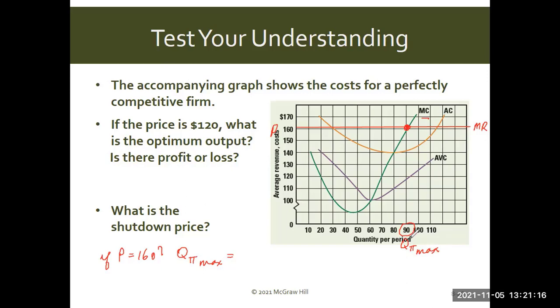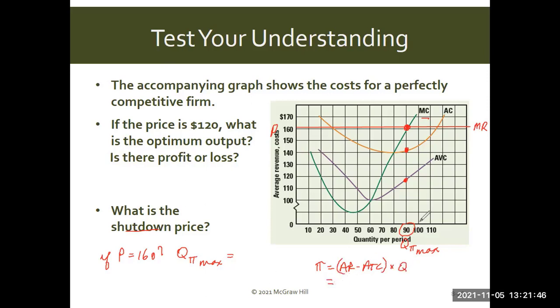Okay, so from here, I know that that price is way above average variable cost. So we definitely do not shut down because it's way above average variable cost. And there's my average cost. So my price is even above average cost. So I know I'm going to make a profit. What is my profit? Well, average revenue minus average total cost, all times quantity.